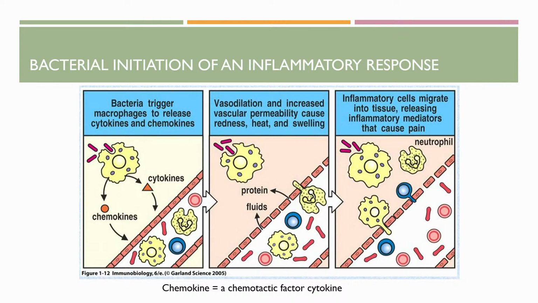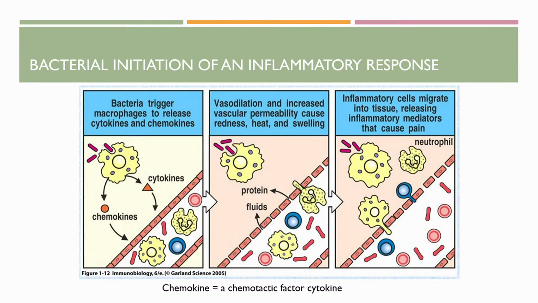Again, here I'm just showing you the same thing, a different way to show it. Here we have bacteria, and they're triggering these macrophages to engulf, and then it releases cytokines and chemokines.